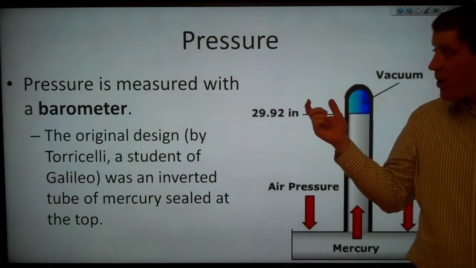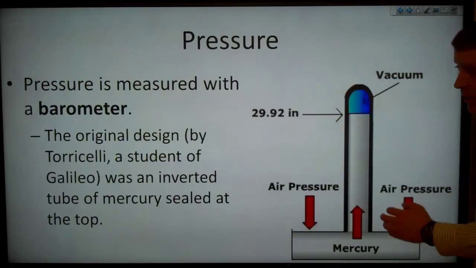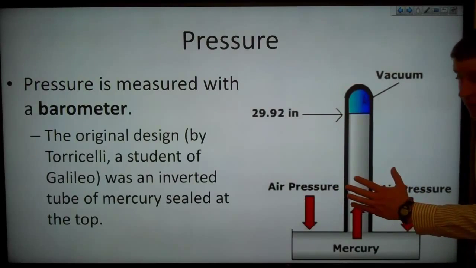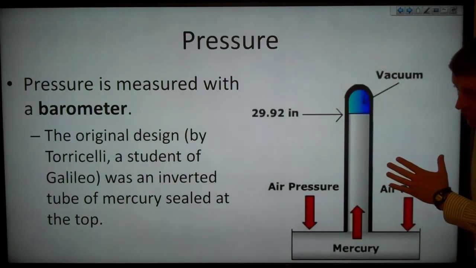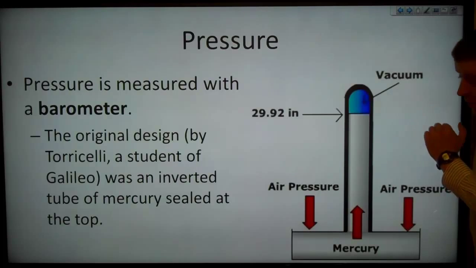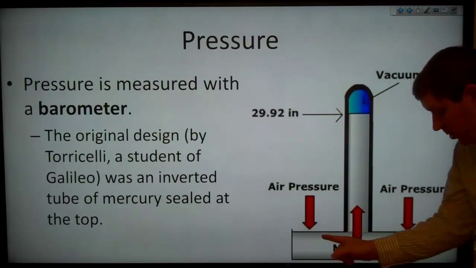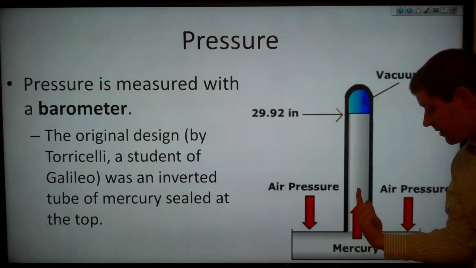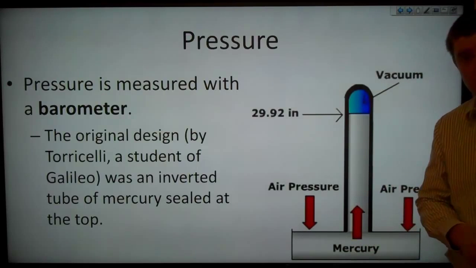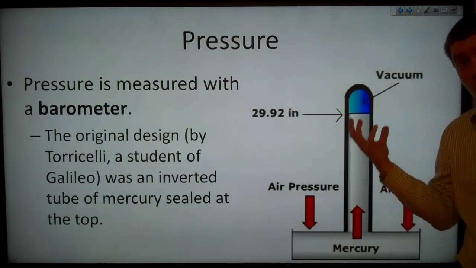Now, we measure pressure with what's called a barometer. The original design by Torricelli, who was a student of Galileo, was an inverted tube of mercury that was sealed at the top with a vacuum up there. And the air pressure outside pushing on the mercury in the pool here was enough to lift that mercury up some distance into that glass tube, up towards that vacuum.